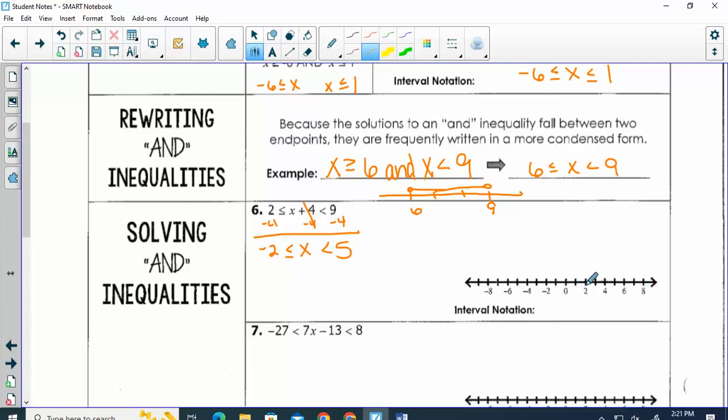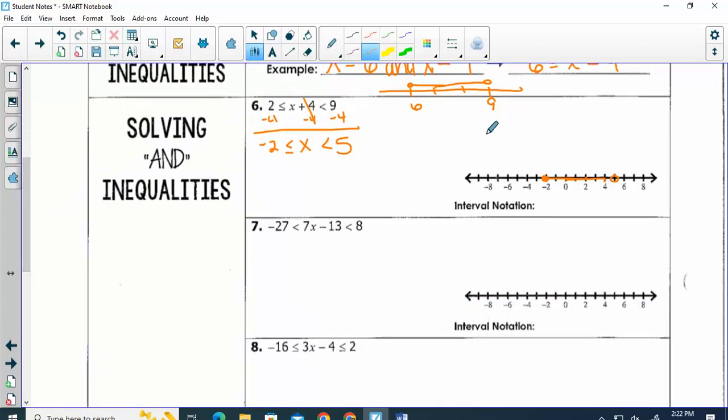It's saying we start at negative 2, it had an equal to, so that's a closed circle. X is bigger than negative 2, but smaller than 5. So open circle at 5. And we are just looking in between those two. And so anytime you have a number less than x, less than another number, it's just going to be in between those two.